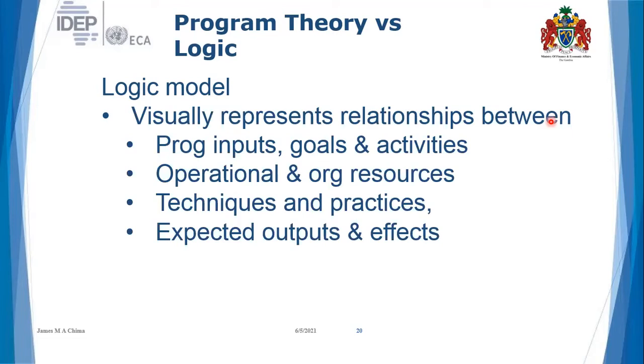So in essence, we see that the logic model constitutes a visual representation of relationships between program inputs, goals, and activities, relationships between operational and organizational resources, relationships between techniques and practices, relationships between expected outputs and effects.